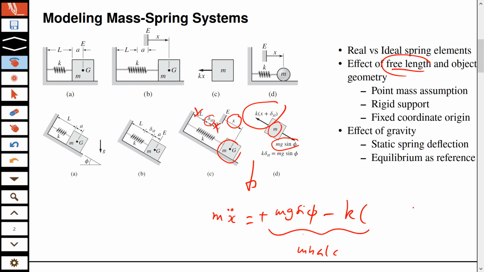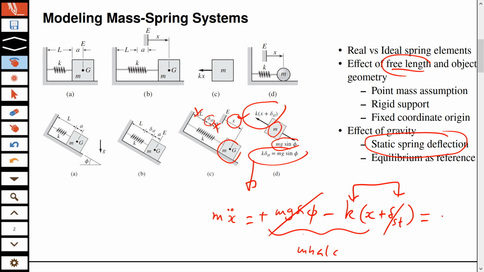That is k times x, the additional displacement, plus delta st, the static deflection, the deflection which was purely because of gravity. Now you can see that this mg sine of phi will cancel out with this k times delta st. That's why we call it static deflection.